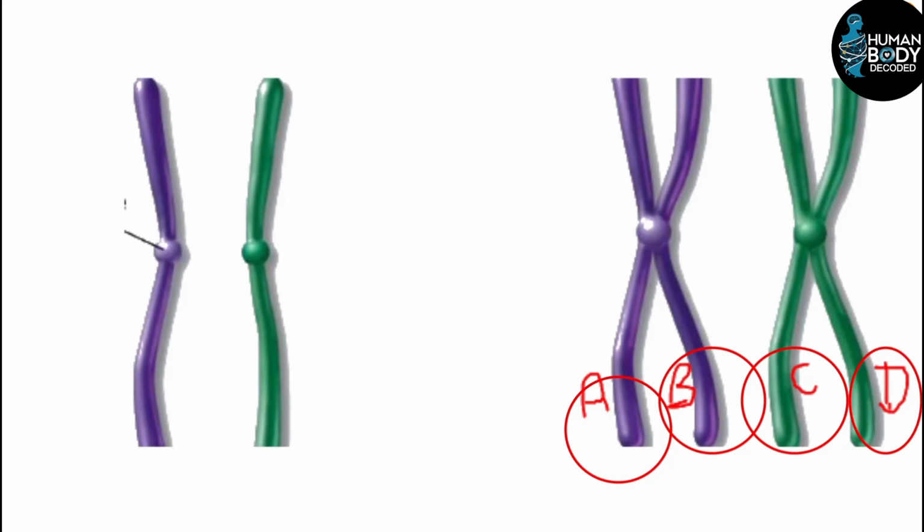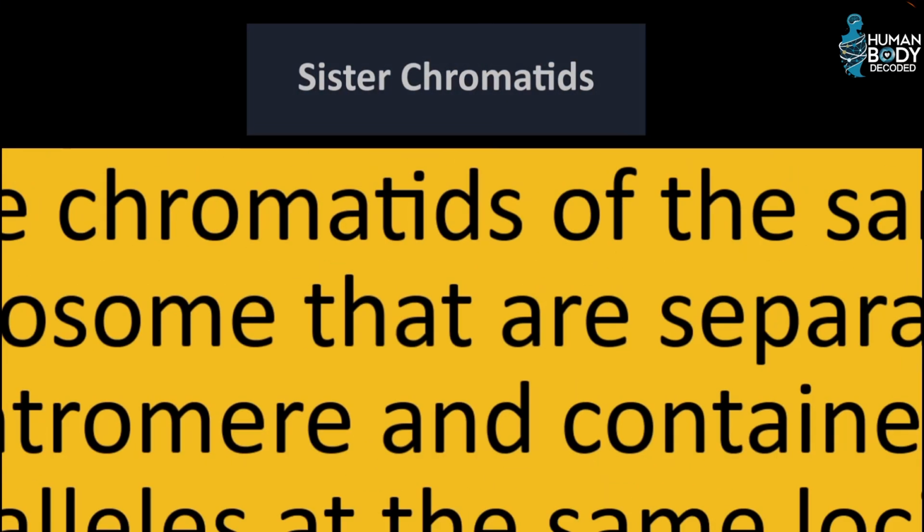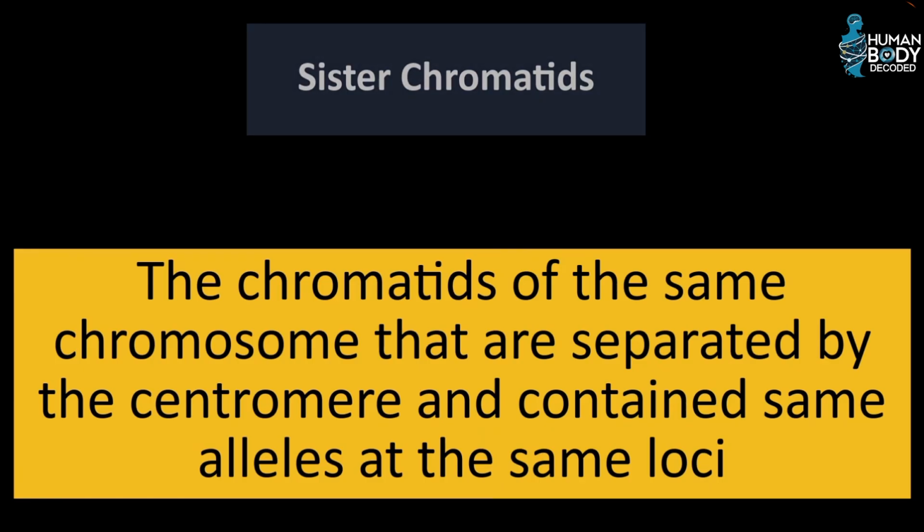But if I talk about A and C, or A and D, or B and C, or B and D, meaning one chromatid is from the purple chromosome and the other chromatid is from the green chromosome, then they are called non-sister chromatids. Their definition will be that sister chromatids belong to the same chromosome and have the same centromere.